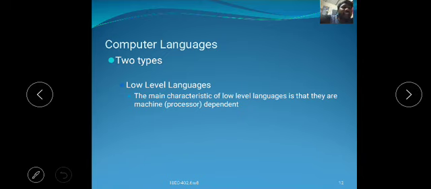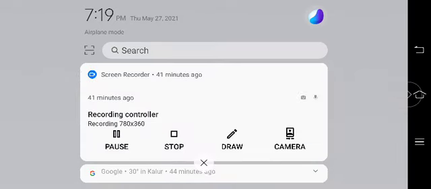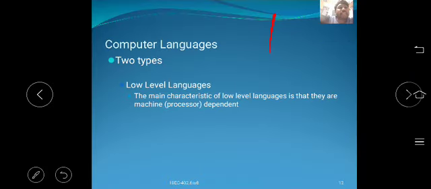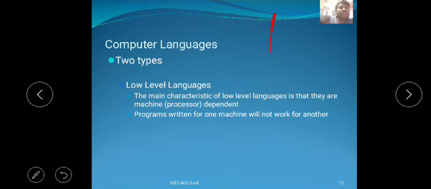The main characteristic of low level languages is that they are machine or processor dependent. The programs written for one machine will not work for another. For example, programs written for one machine will not work for the other.